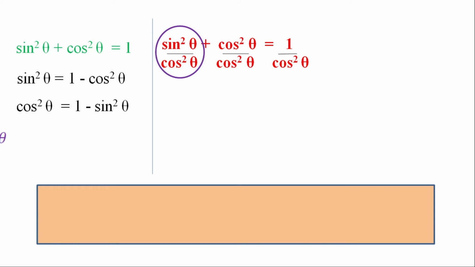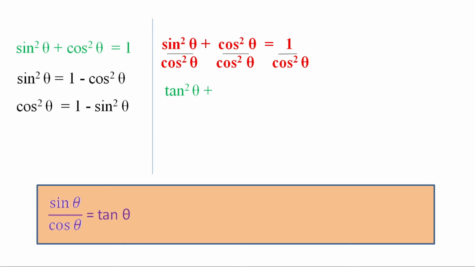We know that sine theta upon cos theta is equal to tan theta. So sine square theta upon cos square theta is equal to tan square theta. And the next one is cos square upon cos square, which will get cancelled and it will become 1. So we got 1 upon cos square theta.